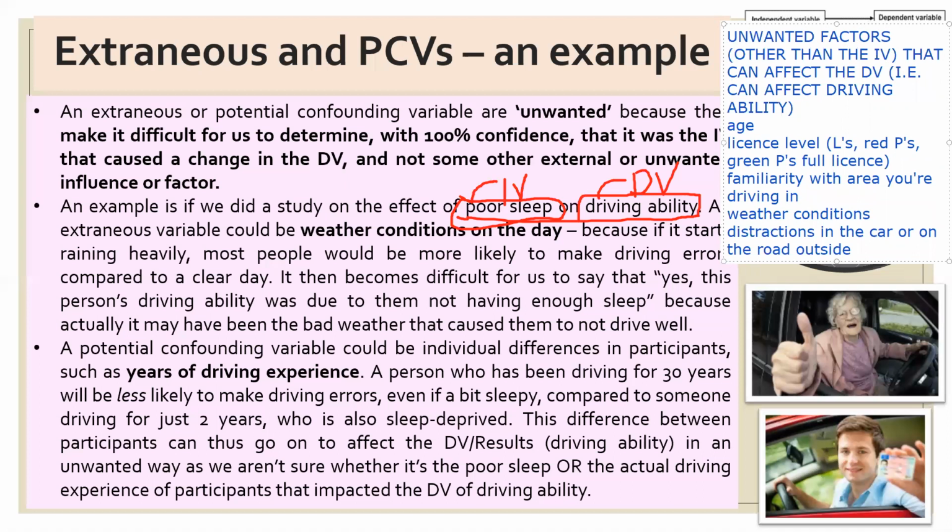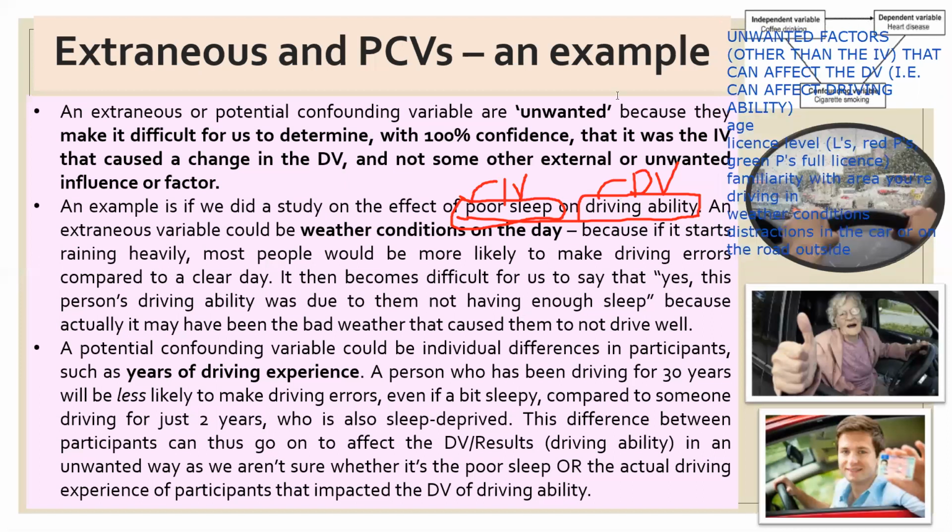That's the basic idea we're talking about here. These are all factors other than poor sleep that can negatively affect someone's driving ability. For this reason, all of these can be considered unwanted variables, so extraneous or potential confounding variables. Okay, so that's important for us to understand.